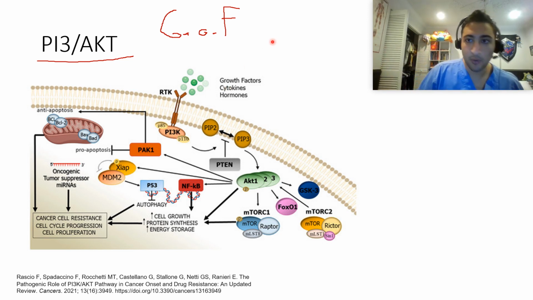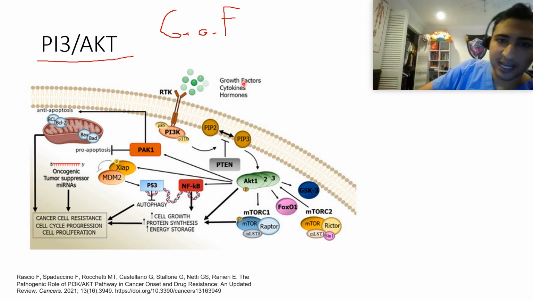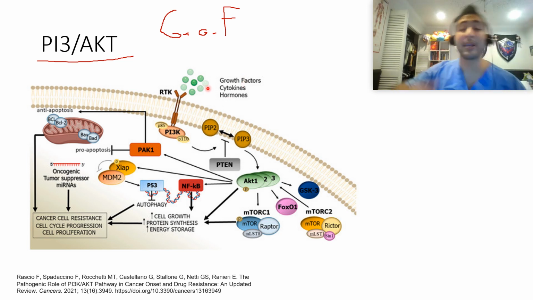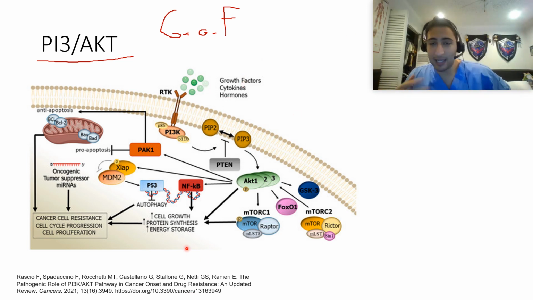All right, so normally a growth factor, cytokine, or hormone binds, and then we get PI3K. PI3K catalyzes the formation of PIP3. And notice that PTEN is a brake on this reaction. So PI3K is a gas pedal, PTEN is a brake.